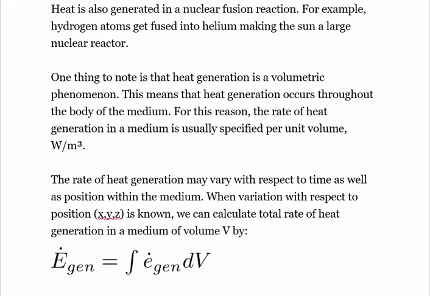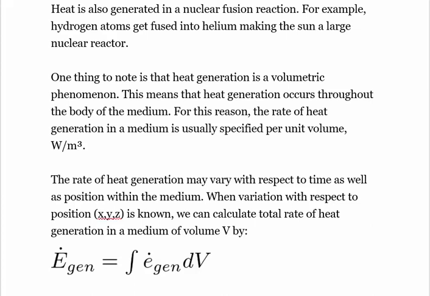When the variation with respect to position, that is x, y and z, is known, we can calculate the total rate of heat generation in a medium of volume V. In this equation, you can see that the energy generated, E generated, is equal to the integral of the rate of energy generation over the change of volume.